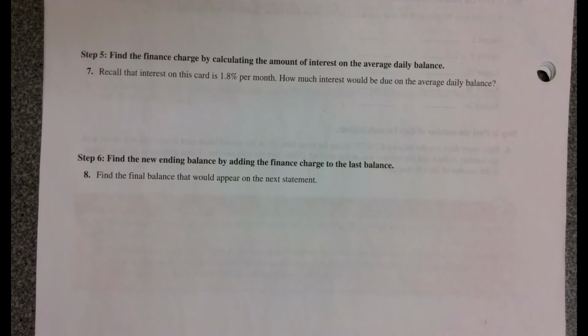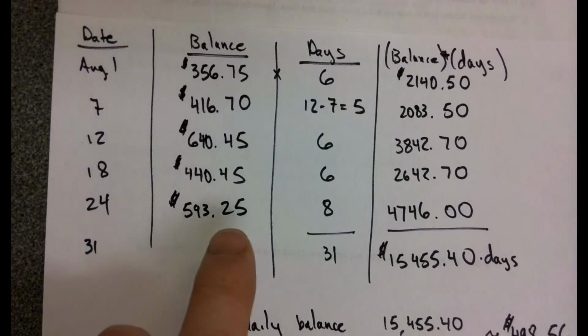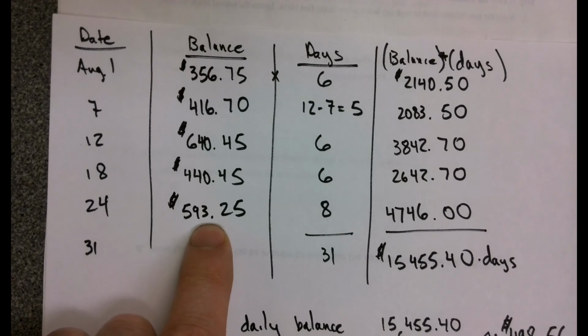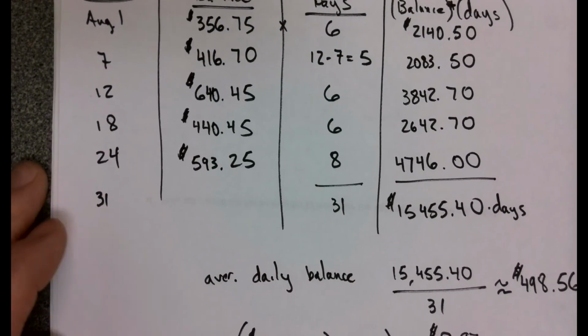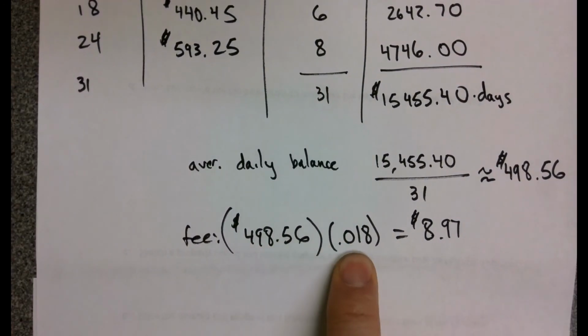So the last question then says, well, what's going to be the new final balance beginning September 1st? So let's go back to what our ending balance was. We ended the month at $593.25. We then calculated the average daily balance of $498.56, noted that we were going to pay 1.8% interest on that.